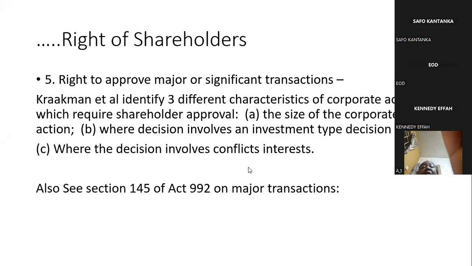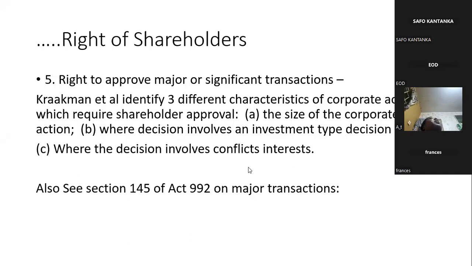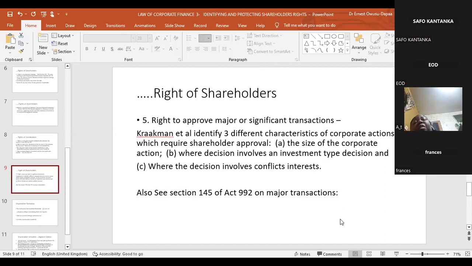So let's look at the specific provision as per section 145 subsection 2, for example. So 2B, major transaction means 1, the acquisition. Let me do this just for the sake of those who don't have your legislation.